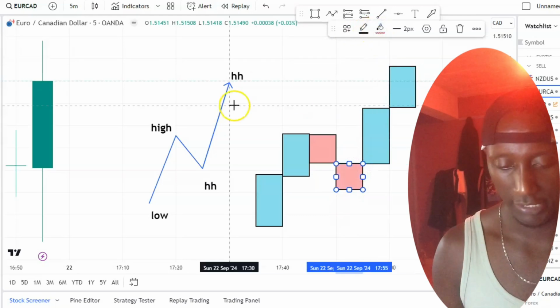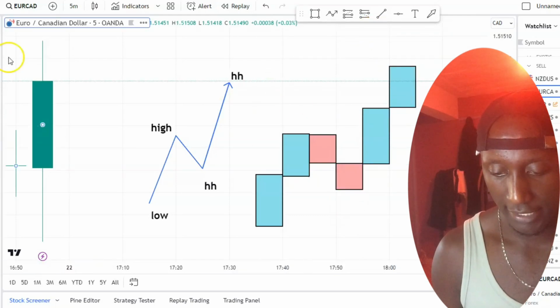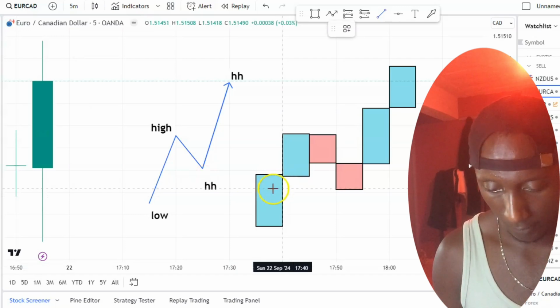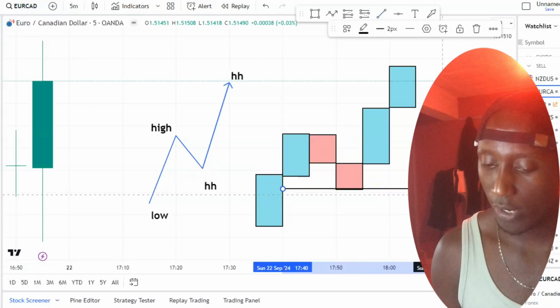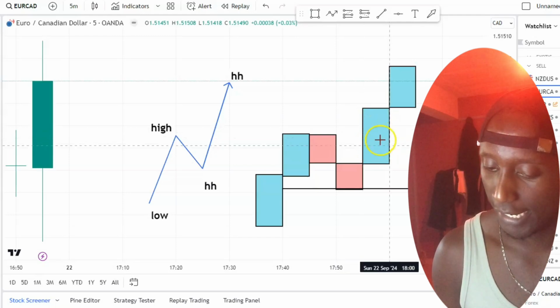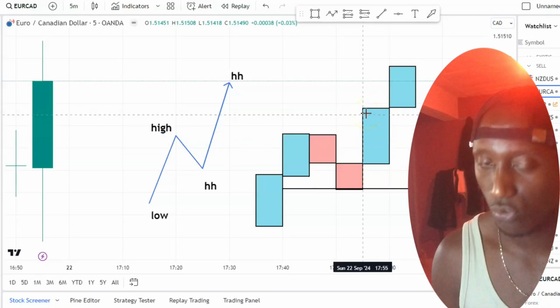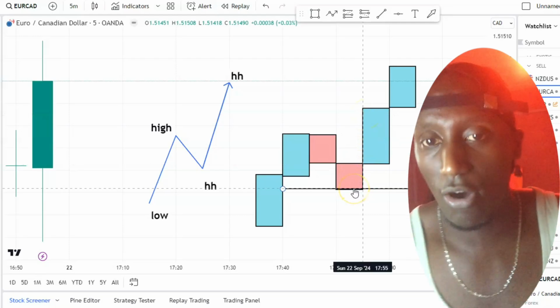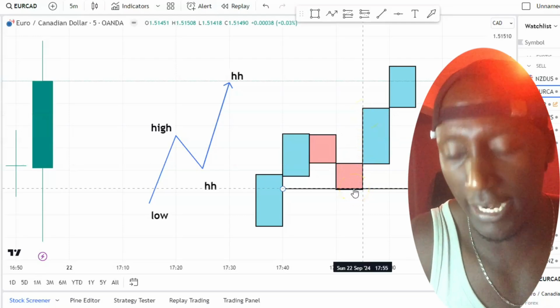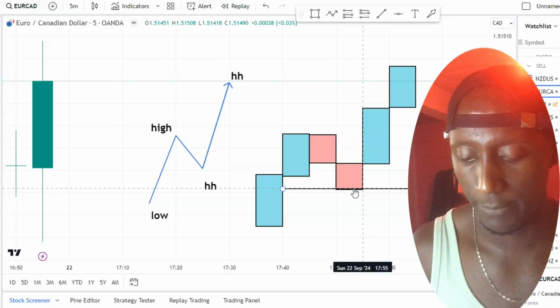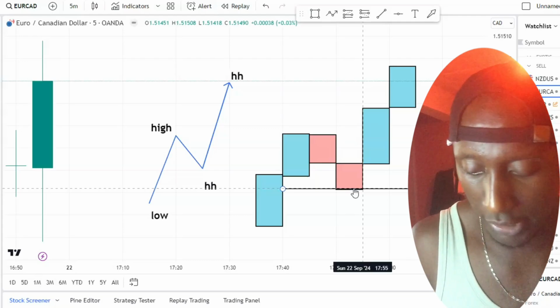Now, the only way this becomes a low is when we have created this bullish candle. If this bullish candle is not there, then you don't have a low, because how do you know that price is going to turn the direction there? Price might continue going down.